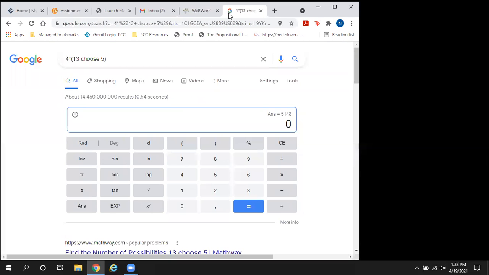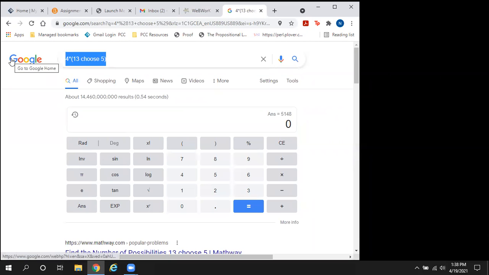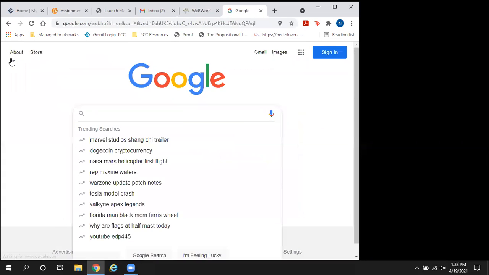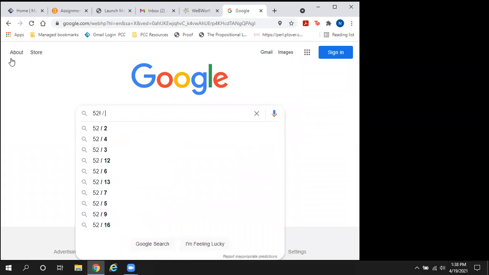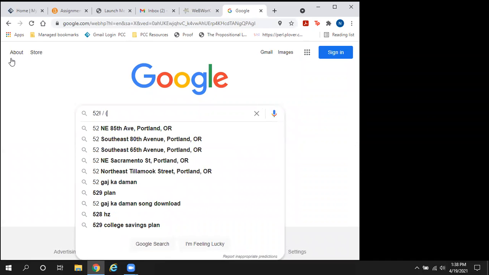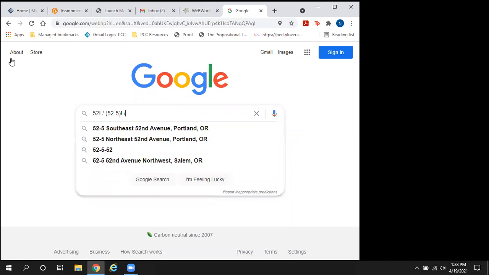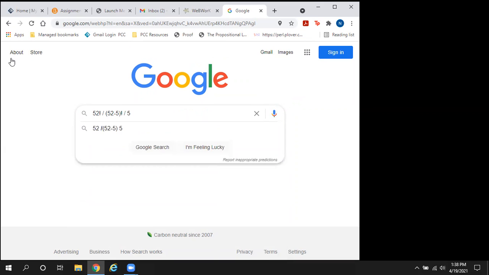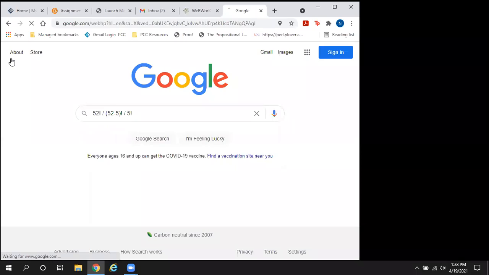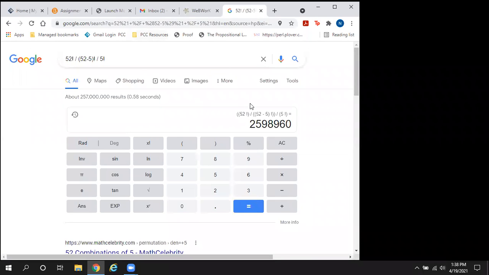So actually what we would be doing there is 52 factorial divided by 52 minus 5 factorial divided by 5 factorial. There's another term in the denominator that you had forgotten there, Nathan. And I think that was your mistake. Yep, and there's our answer. Yeah, you just look at the formula for choose, and I think you'll see that there, Nathan. Does that make sense?